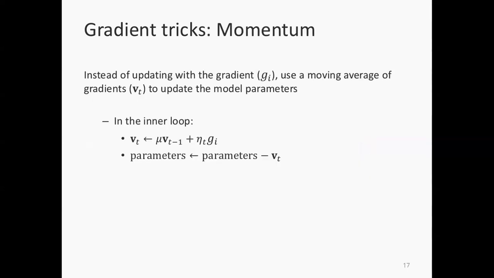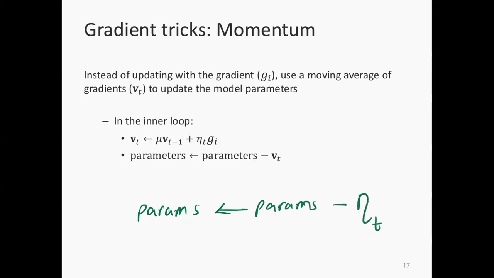And there are a few different tricks here. I'll talk about ADAGRAD briefly after this, but one idea to address this is called momentum. So the original gradient descent was parameters should be set to parameters minus the learning rate.